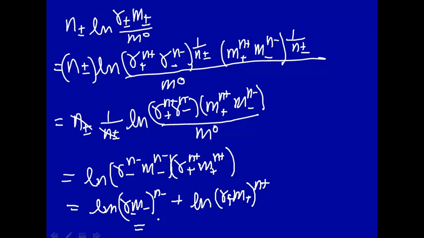And that is equal to, take down the n minus natural log, I forgot to carry along the m0. Sorry. Let me carry along the m0. Well, let me just continue this on the next page.